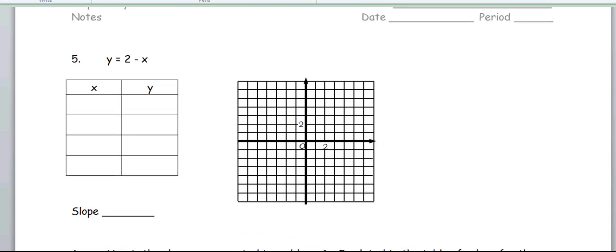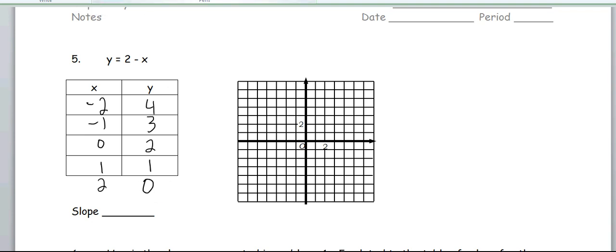Alright, so number 5, I want you to go to your calculator and put in 2 minus x, and then fill in the values. Change back to black ink here for negative 2, negative 1, 0, 1, and 2. And what you'll get will be minus x, 4, 3, 2, 1, and 0.